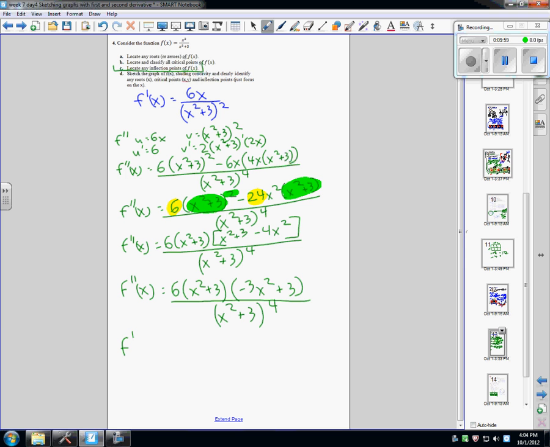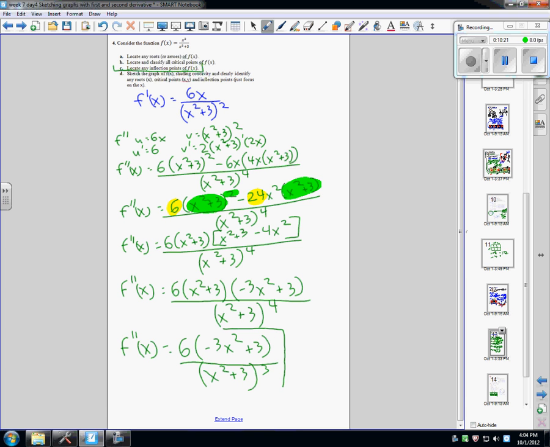Finally, I would just say this. If you notice, I have an x squared plus 3 on top and 4 of them on bottom, so that can cancel at least one of them. And I can say x squared plus 3 to the third, because one of them canceled with another one.